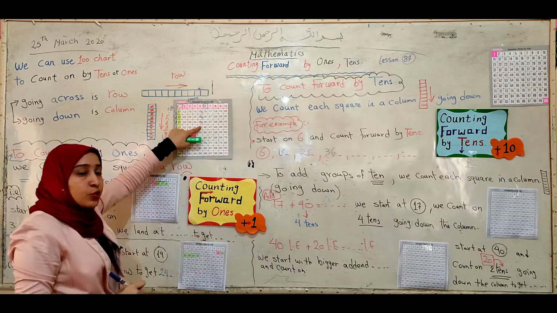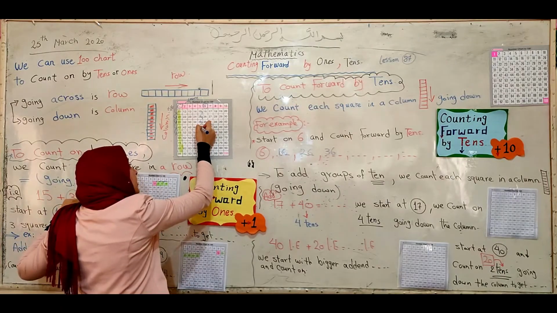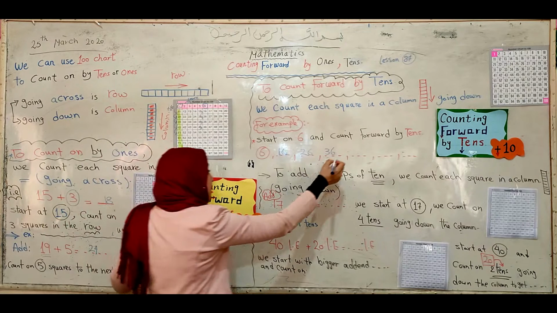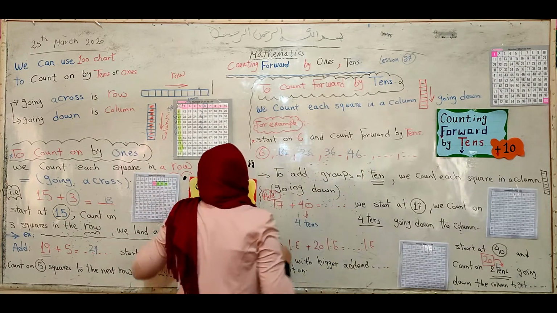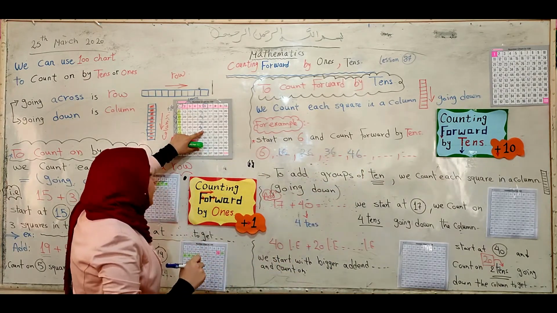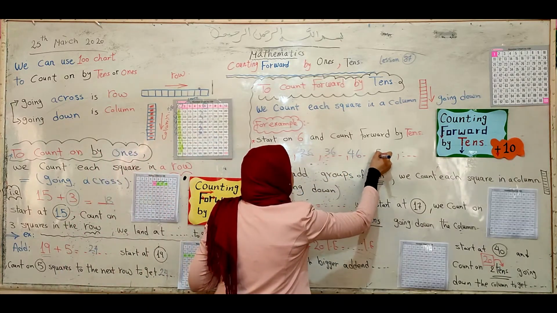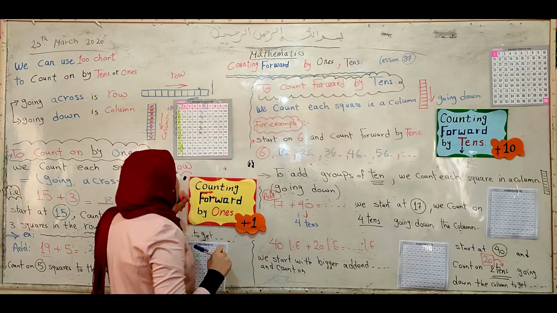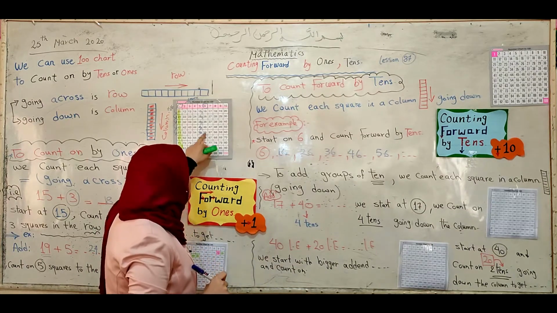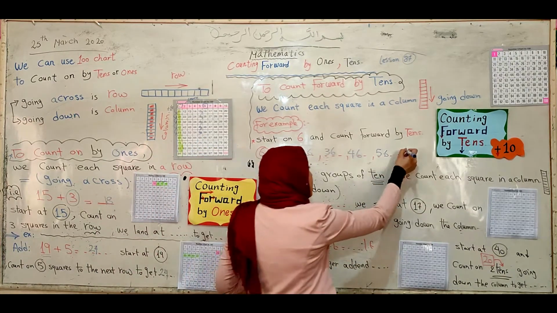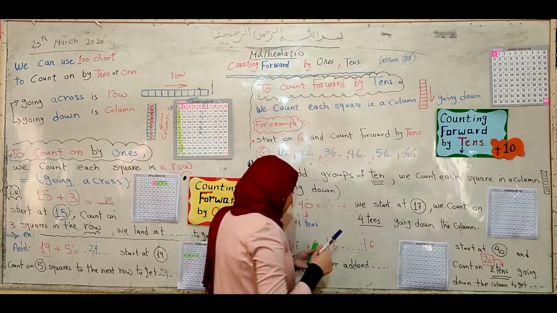When we add 10 to 36, I get 46. When we add 10 to 46, I get 56. When we add 10 to 56, I get 66.